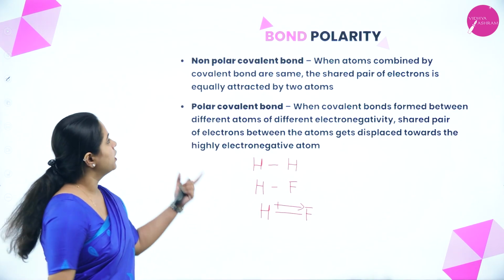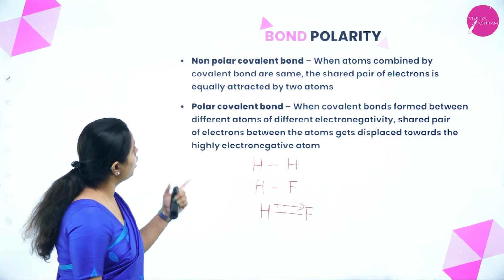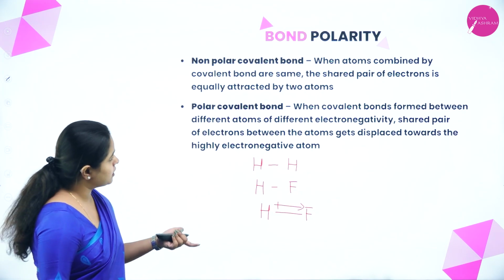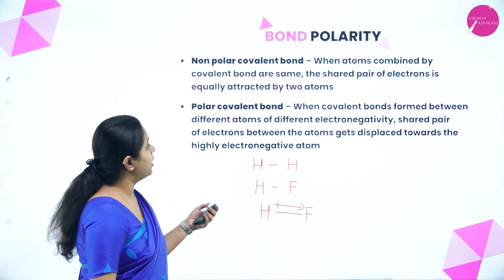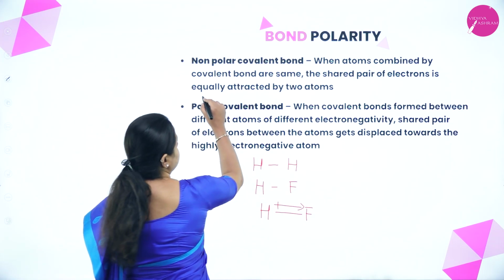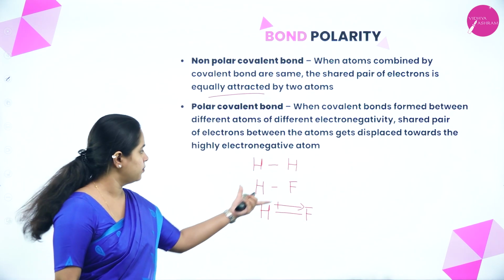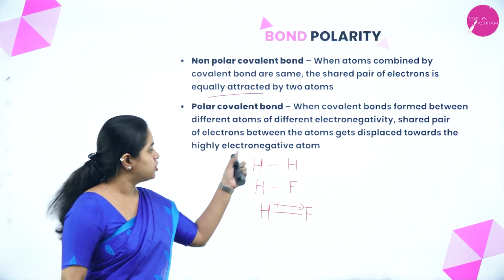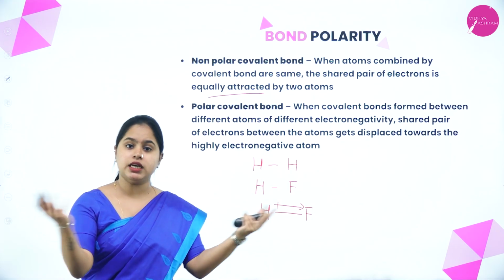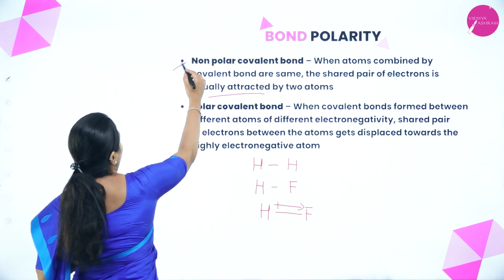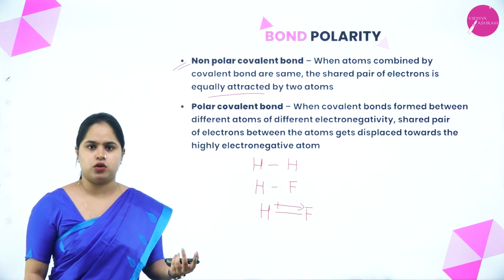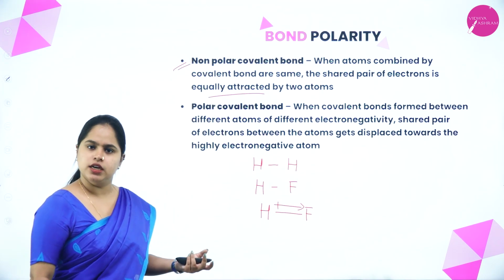I hope it is clear. Moving on to the definition, non-polar covalent bonds: when the atoms combined by a covalent bond are the same, the shared pair of electrons is equally attracted by the 2 atoms. As you can see here, both atoms are hydrogen, so the shared pair of electrons will be equally shared between both hydrogen atoms. Such covalent bonds are called non-polar covalent bonds because no polarity is shown.